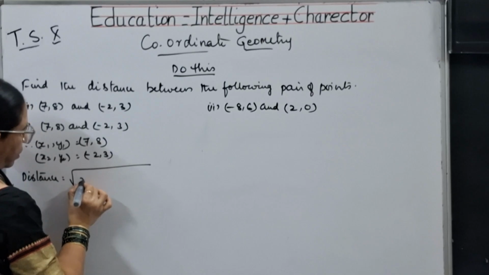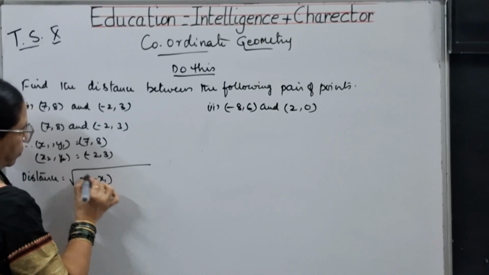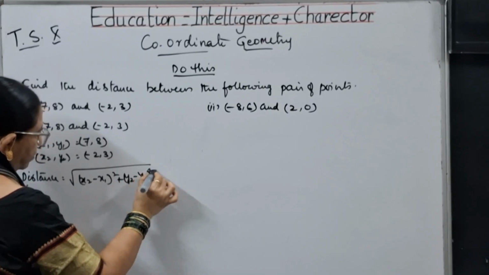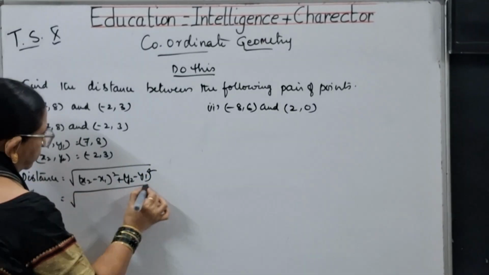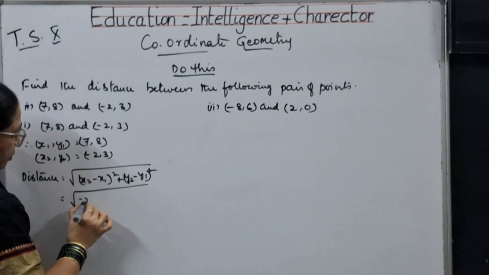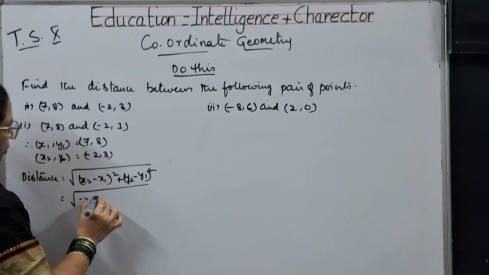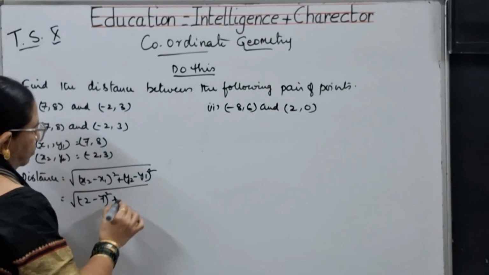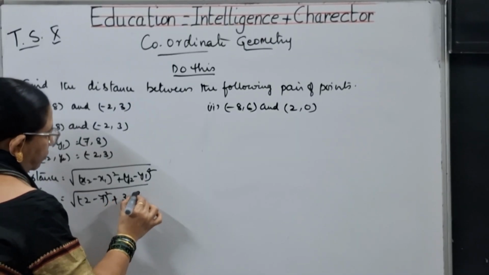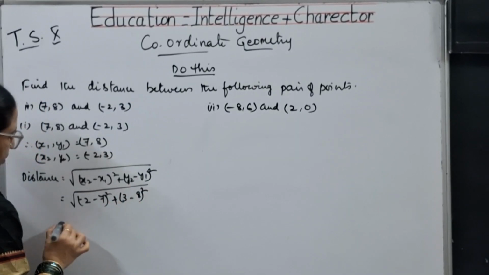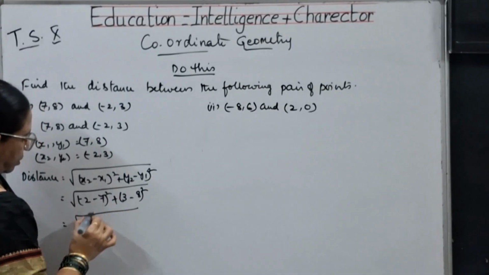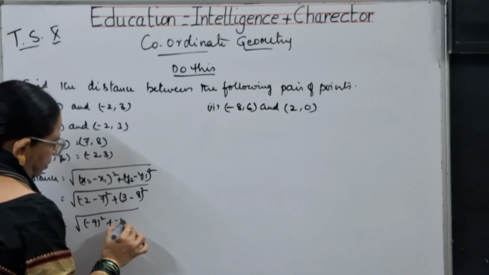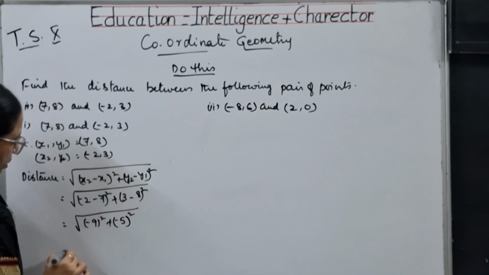Root of (x2 minus x1) whole square plus (y2 minus y1) whole square. That is equal to root of (x2, minus 2, minus x1, 7) whole square plus (y2, 3, minus y1, 8) whole square. Root of (minus 9) whole square plus (minus 5) whole square.